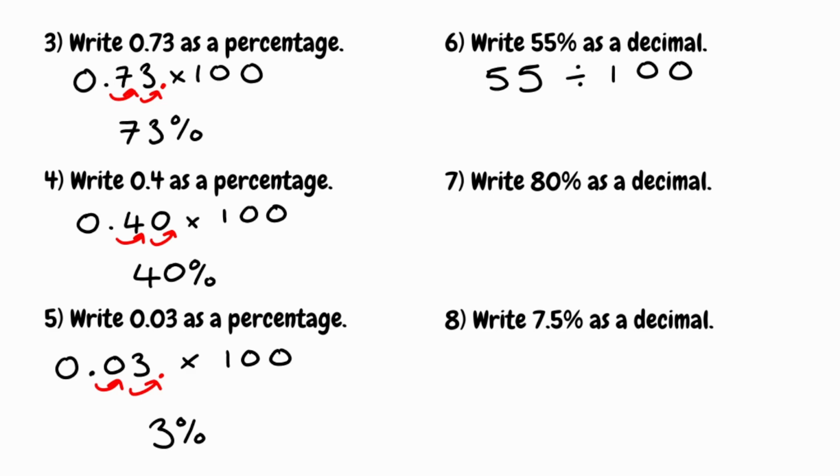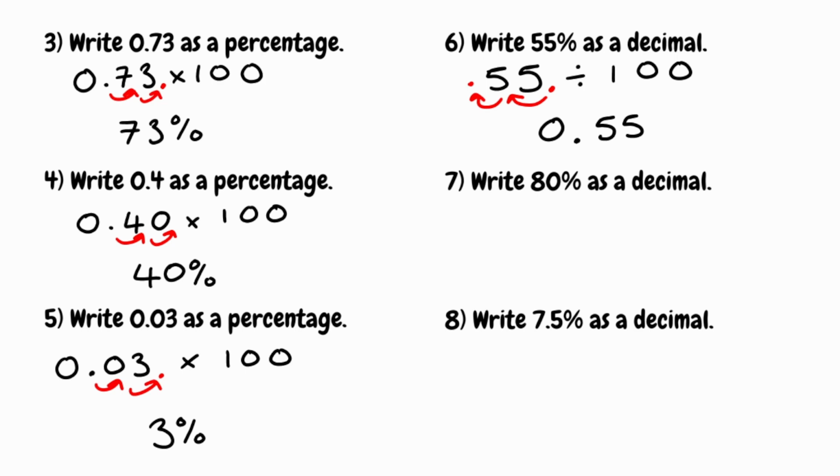So our decimal point is technically here, we'd have 55.0, so moving our digits twice to the right, our decimal point would now appear in front of this first 5. So we'd have .55, then all we need to do is put a placeholder in front of that decimal, so we'd have a 0. So 55% as a decimal would just be 0.55.